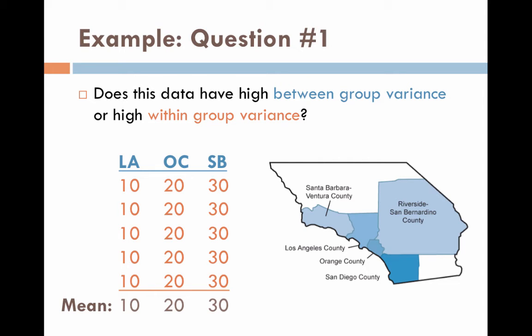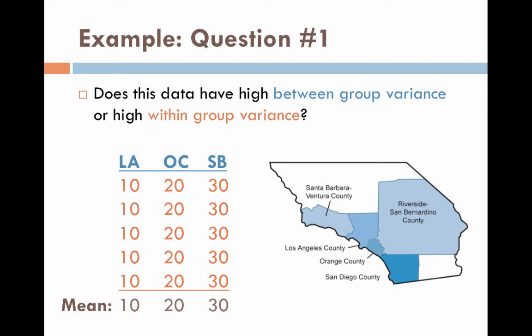So let's take a look at each of our 3 groups. We see that the 5 participants in LA all have the same mileage, all 10,000 miles. The 5 folks from Orange County all drove 20,000 miles, and all the 5 folks from San Bernardino County all drove 30,000 miles. So given that, within the groups, they all look the same.